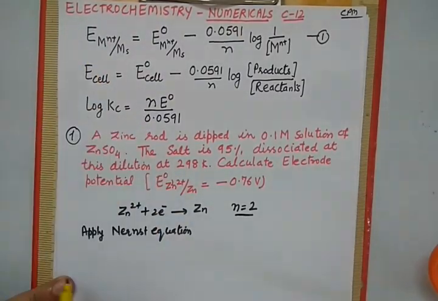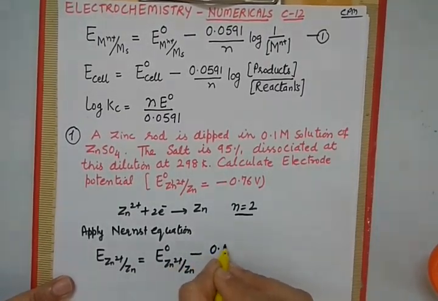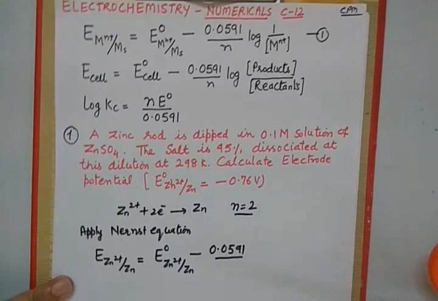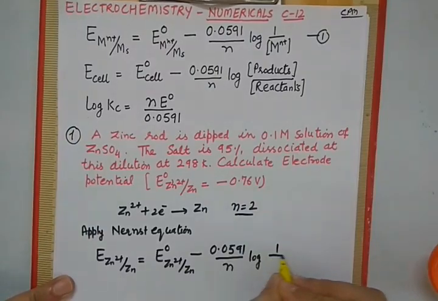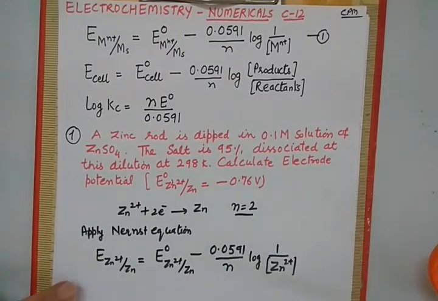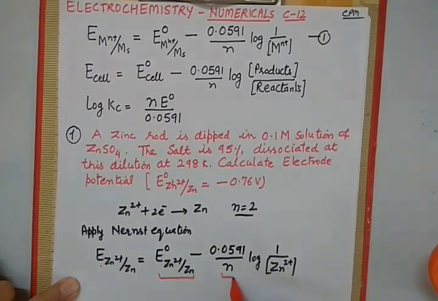In place of M, I will write zinc: E of Zn2+ | Zn is equal to E naught of Zn2+ | Zn minus 0.0591 divided by n log 1 upon the concentration of Zn2+ ions. Here we have to find this, meaning we have to know these three quantities.